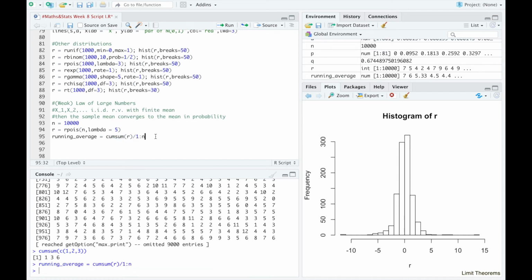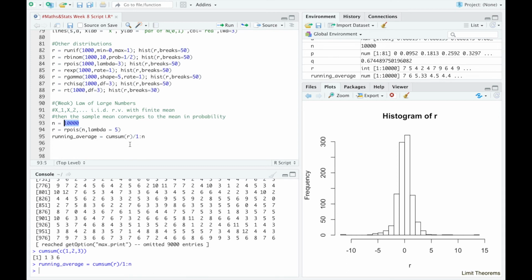So you will have to think a bit on these commands. Remember that the cumsum of R is a vector, 1 to n is a vector. This division is applied entry-wise. So basically the running average will be a vector of sample means, which is updated when each sample is added.